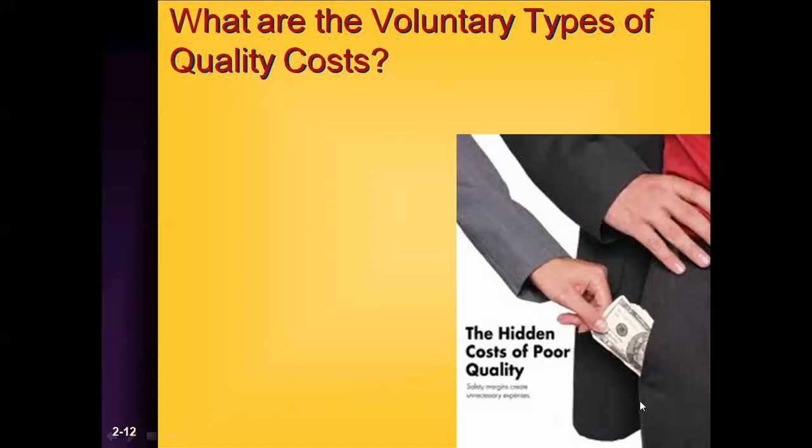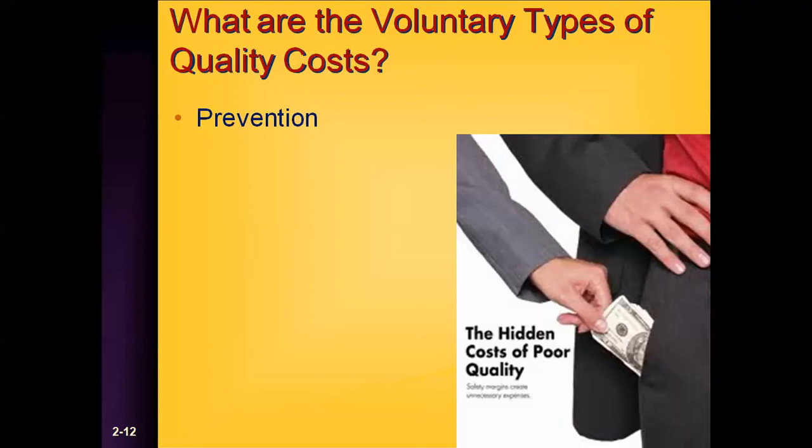So let's talk about what we're going to call, in this first section about quality, the voluntary types of quality costs. These fall under two categories. The first is the prevention area, and by prevention that means reducing the chance for a product or service error to occur.